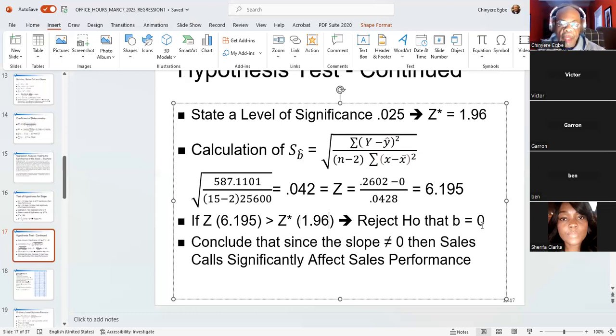Because if you drive a vehicle 10,000 miles a year and I drive my vehicle 25,000 miles a year, I'm going to have more maintenance expense than you. And so maybe I should change the wording of that problem to mileage driven.